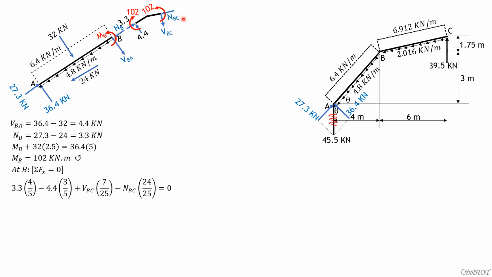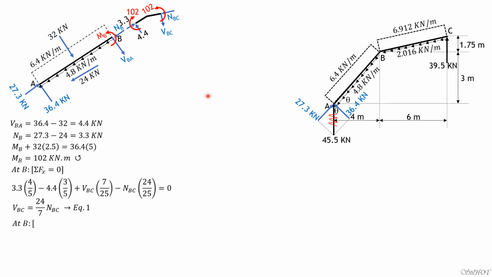Then minus NBC, going to the left, times cosine beta, which was 24 over 25 equals 0. So simplifying, shear BC is equal to 24 over 7 of NBC, normal of BC. Call that equation 1.